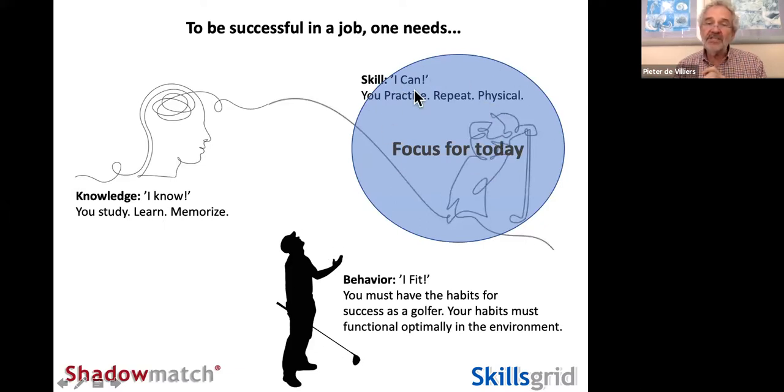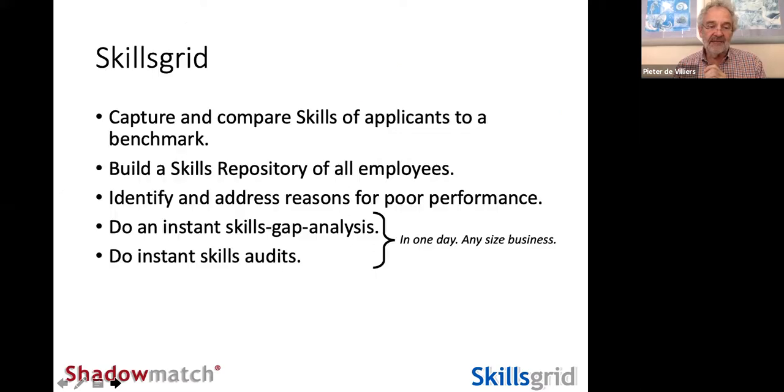Skillsgrid is the questions that we refer to for the algorithm that determines the skills that are necessary for a job. So with Skillsgrid, there are a few things that we can do. We can capture and compare skills of applicants to a benchmark, exactly the same as Shadow Match, but obviously much less complex in terms of the algorithms that work behind the scenes, which we as users do not see.